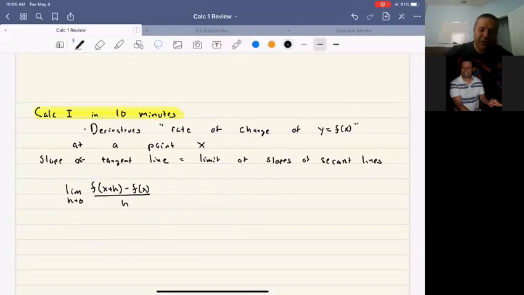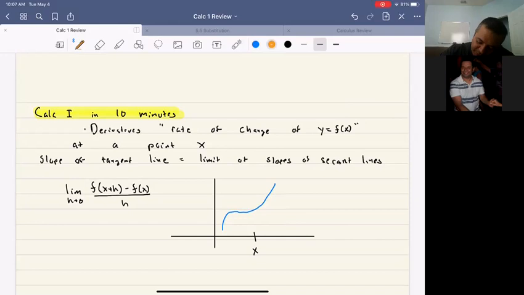Okay, and the associated picture that we have with this. We're at some point x. We have some function. Let's do that a little better. There we go. x is here. Let's say x plus h is here.